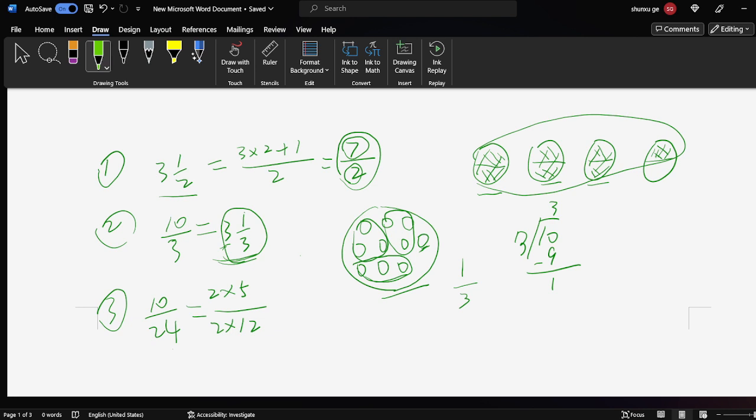So 2 times 12 equals 24. Okay, this is equal, we can write that. But here we find the same factor is 2. So that means numerator and denominator, at the same time we divide by 2. We divide by 2, so we can cancel this.